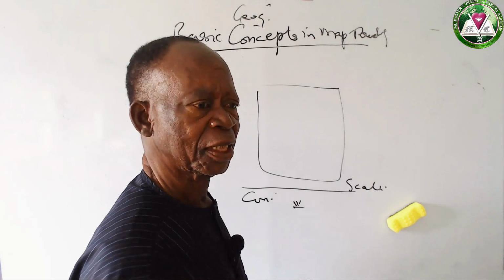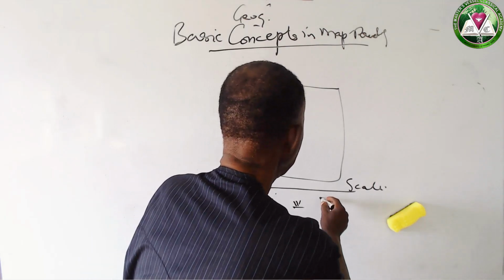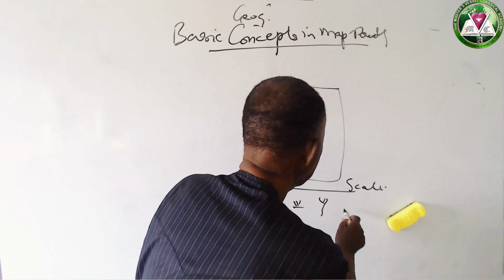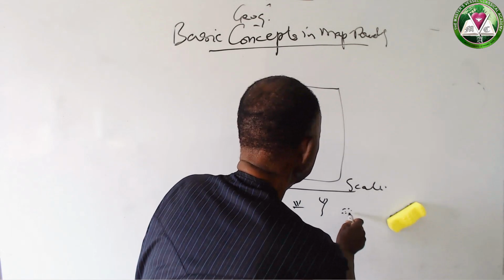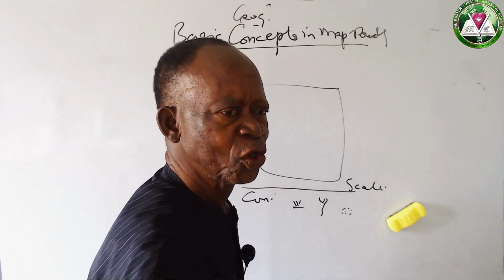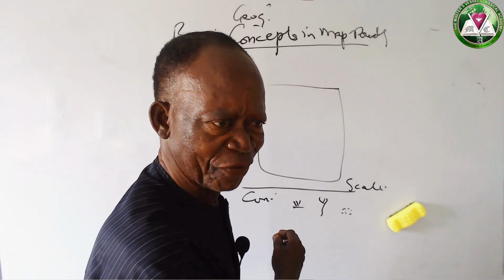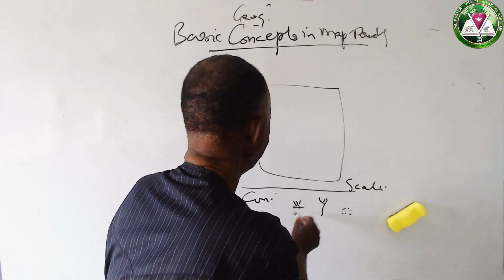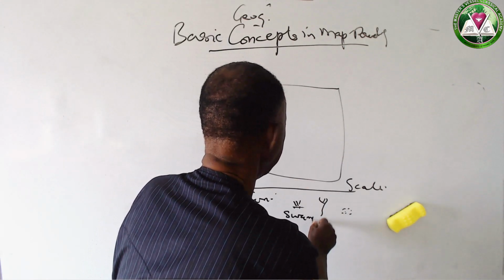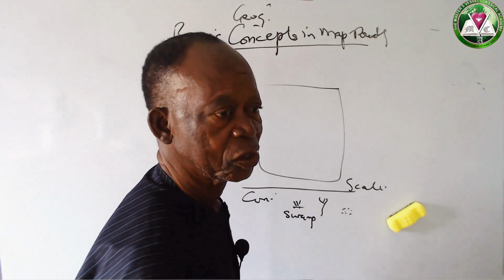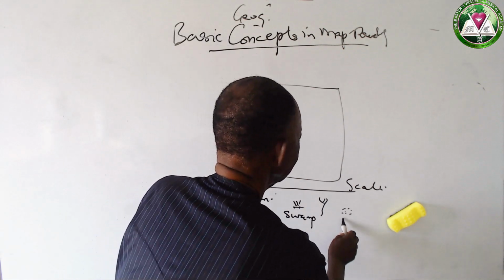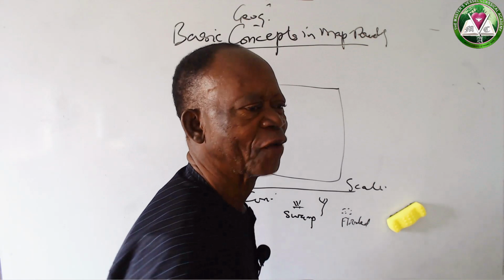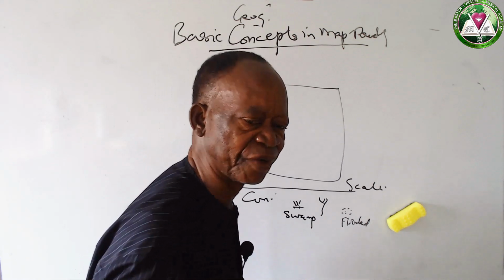If that sign is there, and then you have another one like this, to you as a geographer, from this observation, this is going to be a swampy area, a swamp. This is flooded, normally found by the lower banks of rivers.